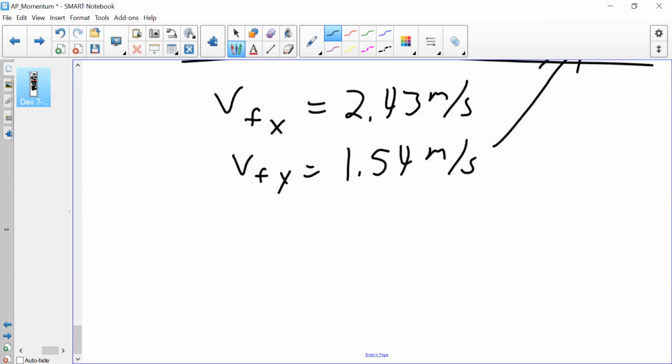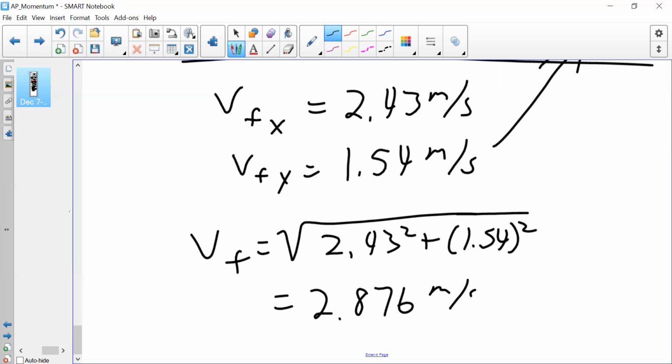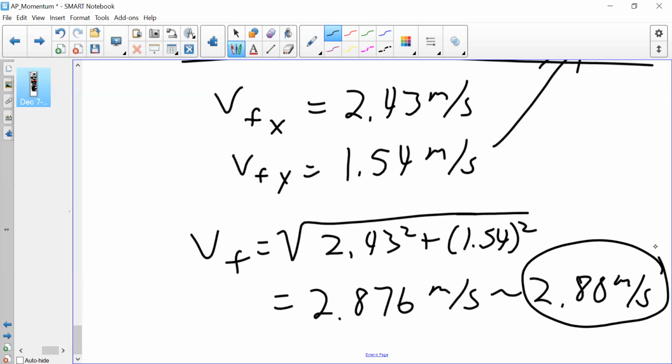Then to get VF, it's the Pythagorean of both, 2.43 squared plus 1.54 squared. That'll be 2.876 meters per second, approximately 2.88 meters per second along the hypotenuse.